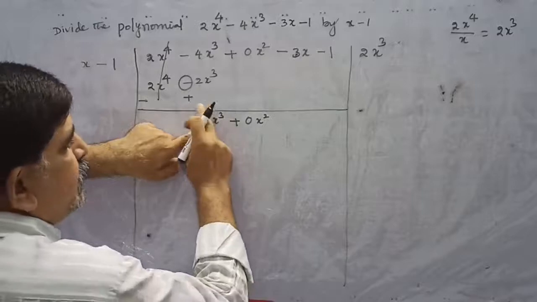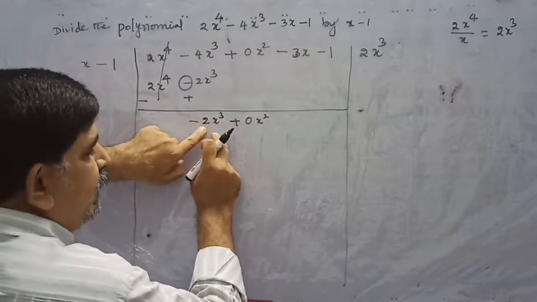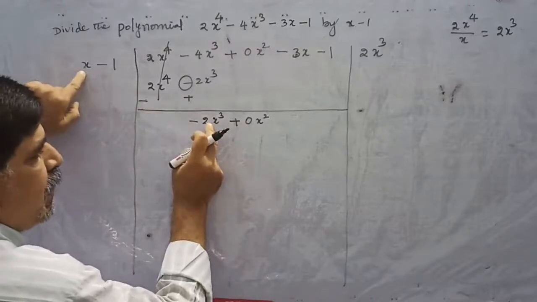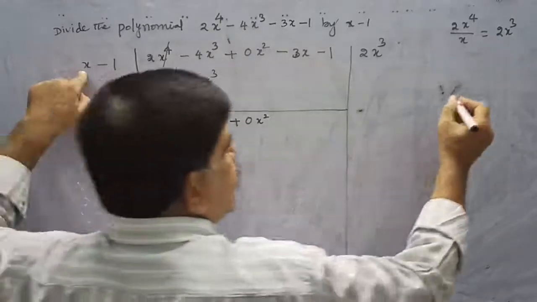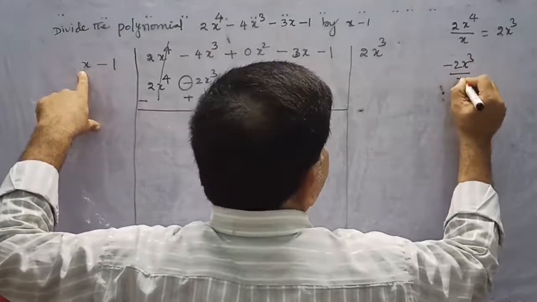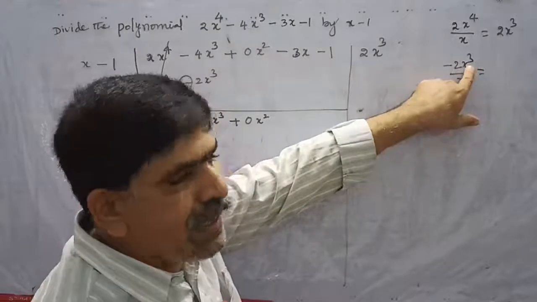Divide the first term of the dividend by the first term of the divisor. That is minus 2x cube by x. How many x terms are there in the numerator? 3 terms.